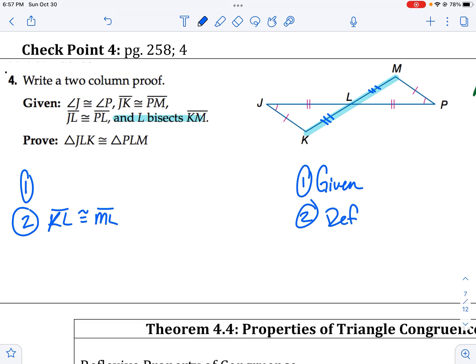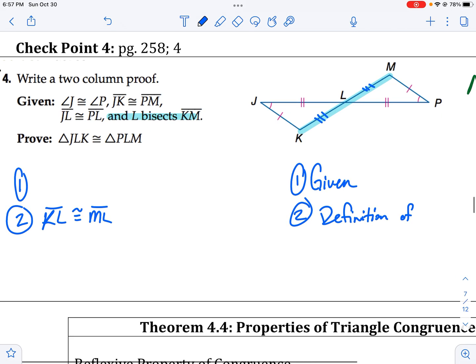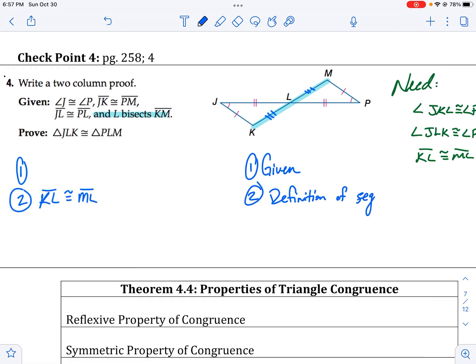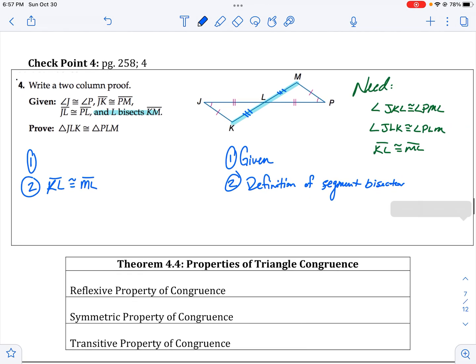By the definition of what it means to be a bisector. So by the definition of a segment bisector, KL is congruent to ML, so I can cross that off my list. And now let's take a look at our angle pairs.